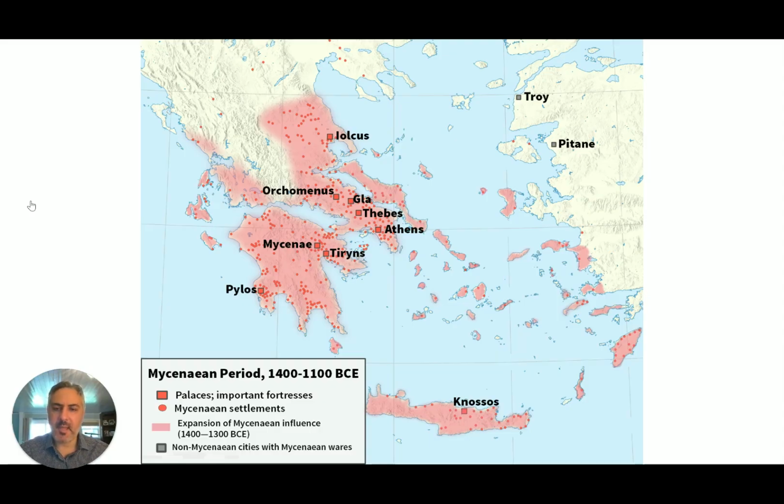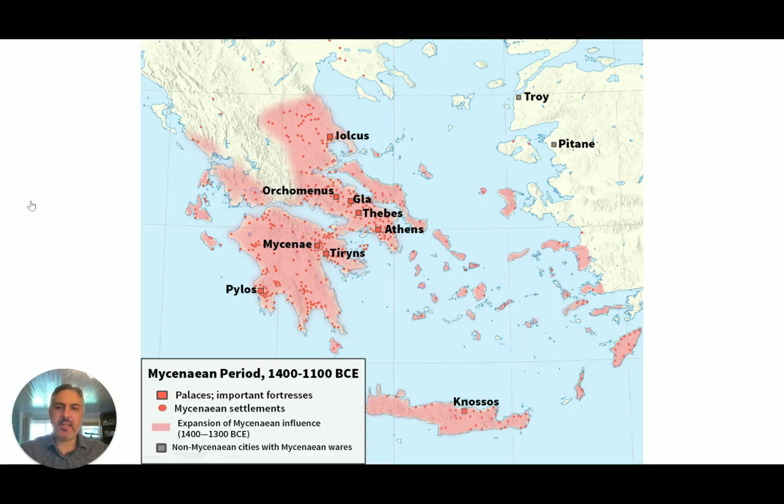So with the decline of the Minoans, a new civilization eventually emerges on the Greek mainland, and this is the Mycenaean civilization. This is kind of the early Greek civilization, right? And there's a number of continuities between the Mycenaeans and the Greeks of the historical and classical period, which we'll talk about.